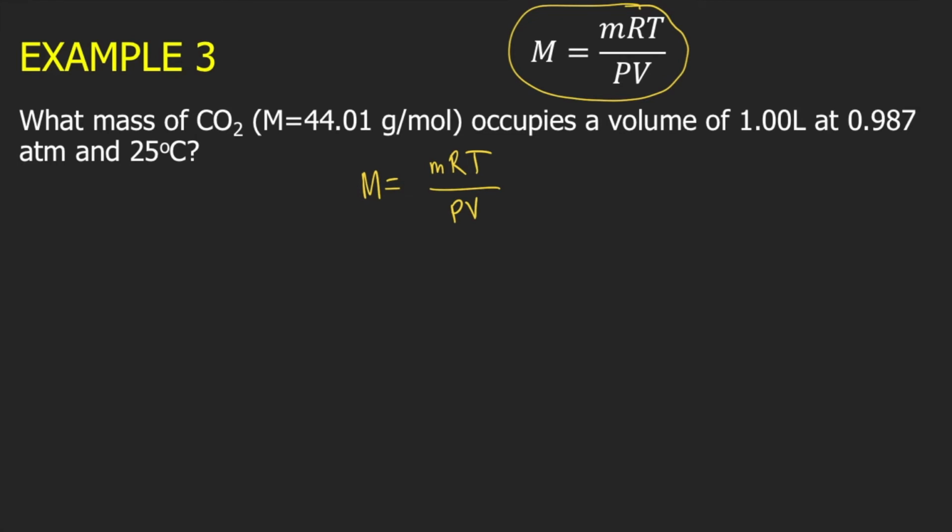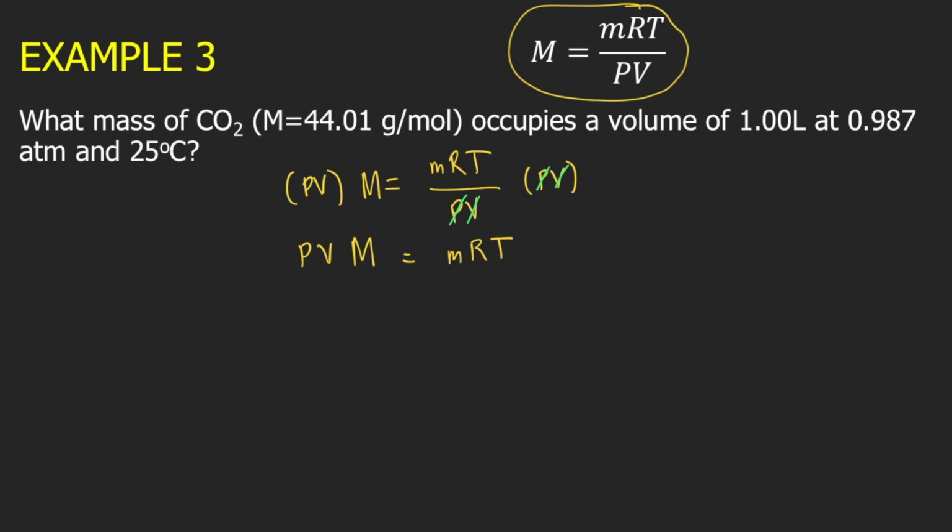What you can do is multiply both sides of the equation by PV. When you do that, PV cancels on the right side. So what remains on the right side is mRT. On the left side, we have pressure times volume times molar mass.